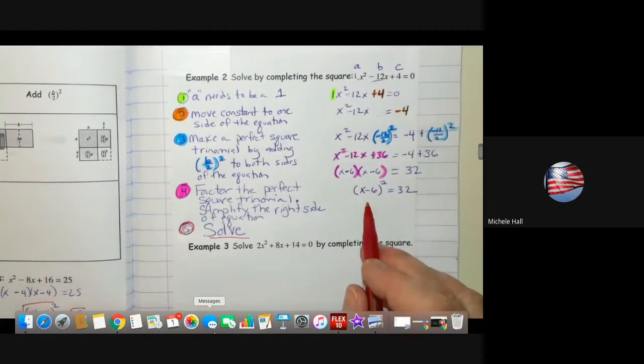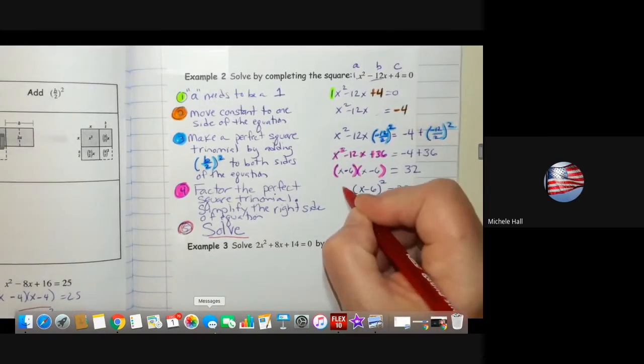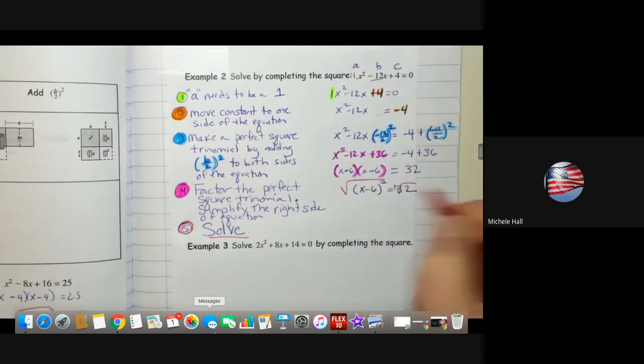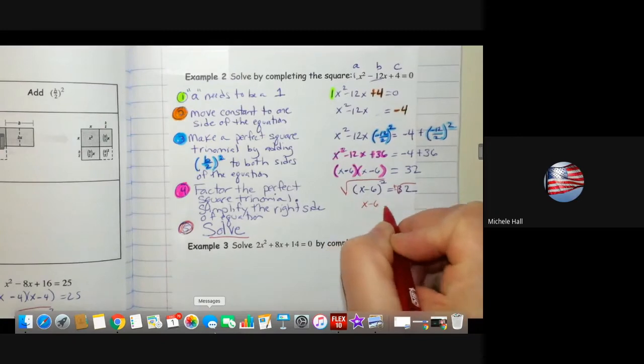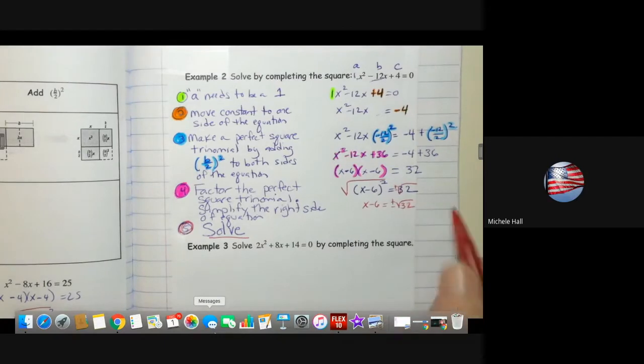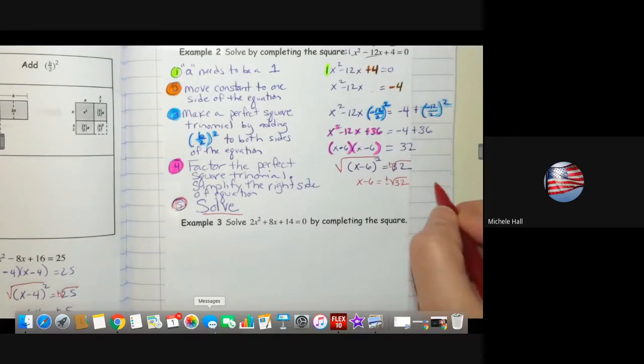We are going to start solving by undoing a square. The opposite of squaring is square root plus or minus the square root. We get x minus 6 equals plus or minus the square root of 32. We do need to reduce the square root of 32. What do we have in 32? We have 8 times 4, but 8 still has another 4 in it for a perfect square.